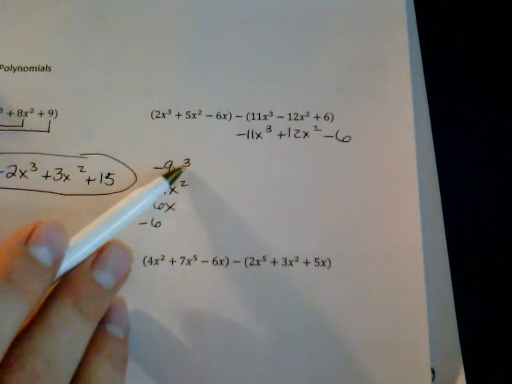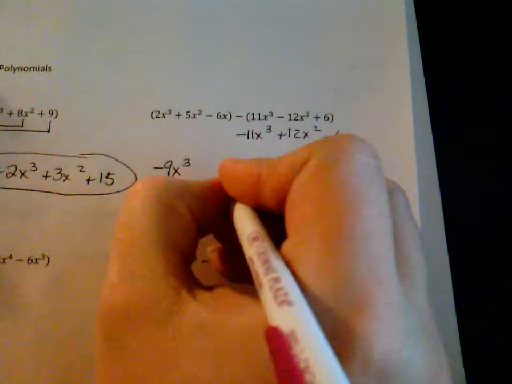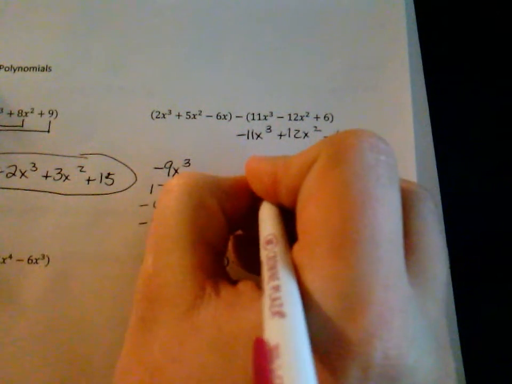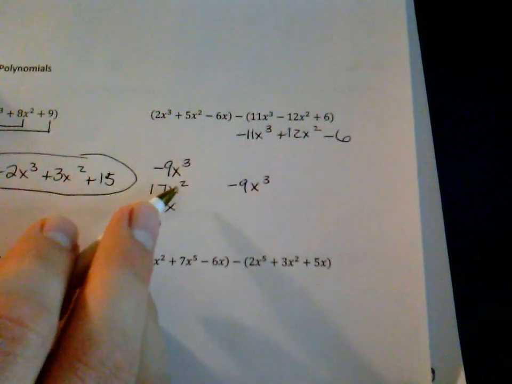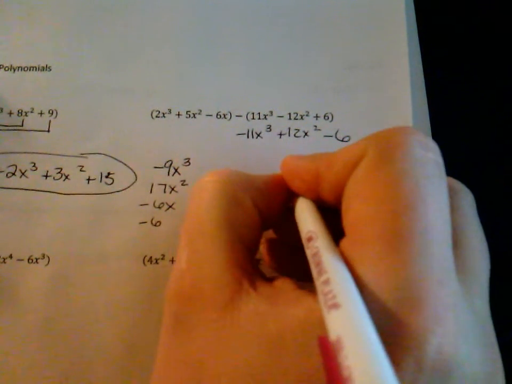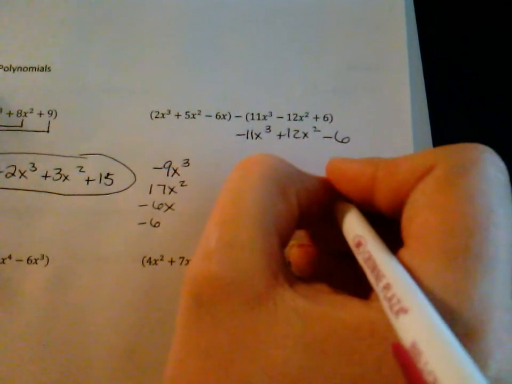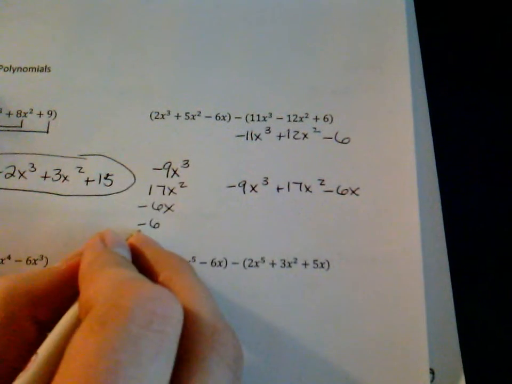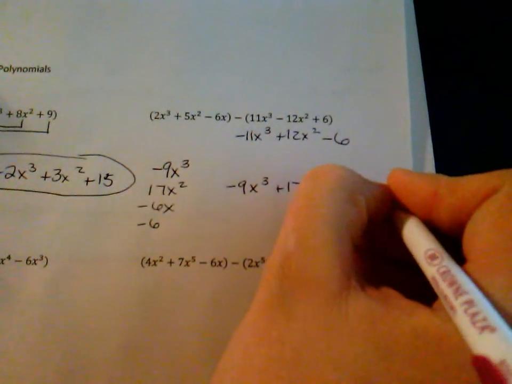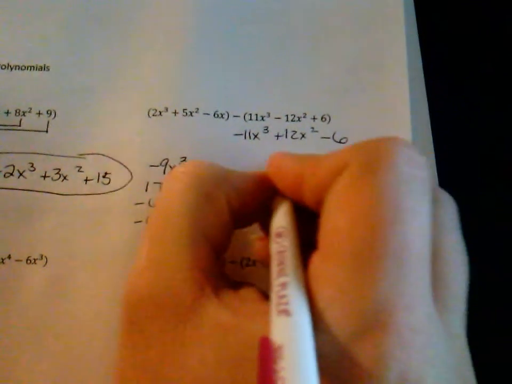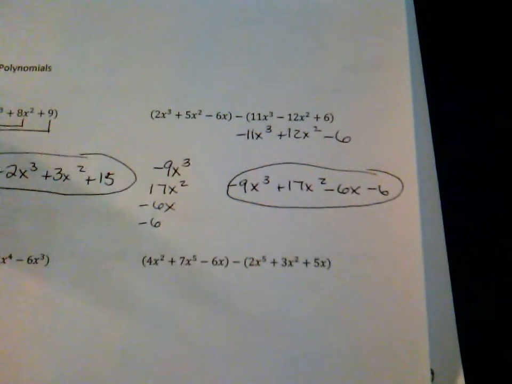So what this will go for first is x cubed, so it'll be negative 9x^3 plus 17x^2 minus 6x minus 6. That's how you do adding and subtracting polynomials.